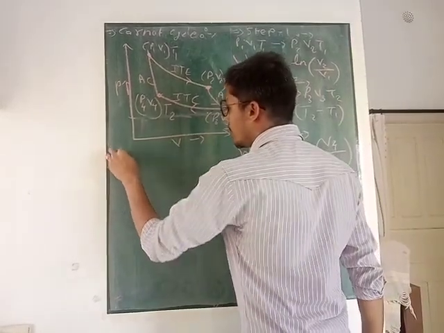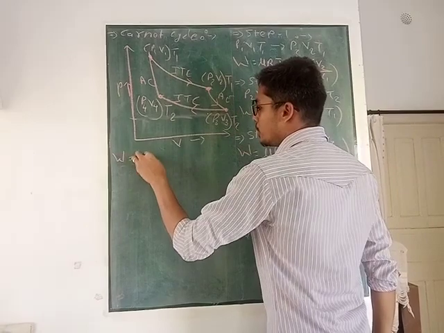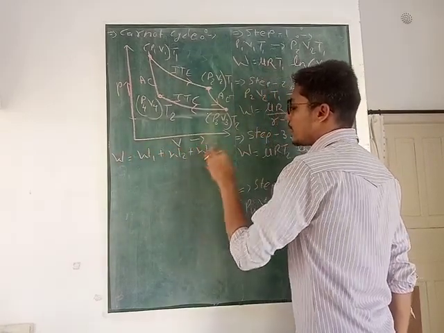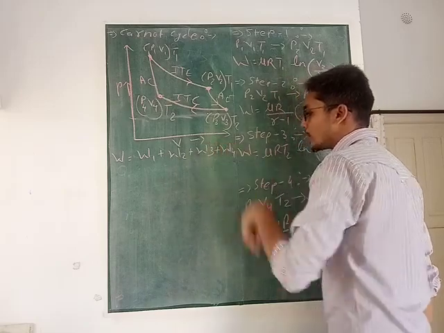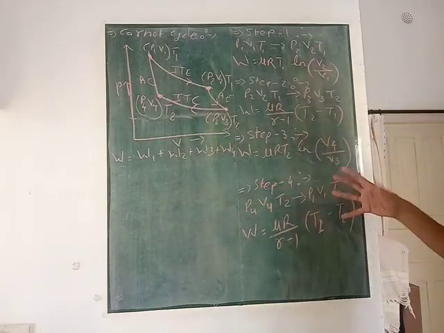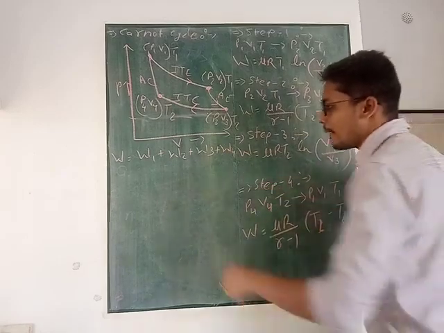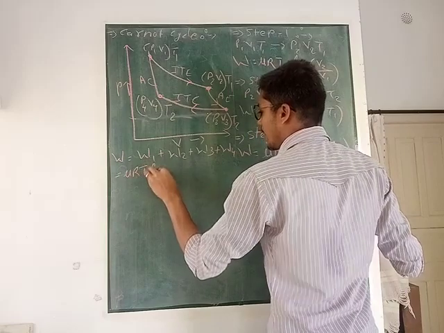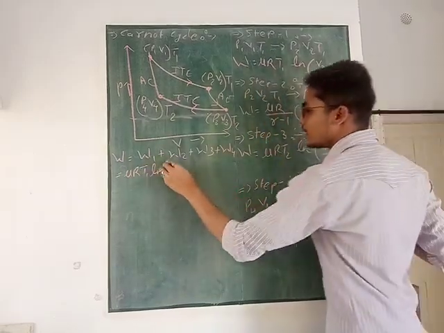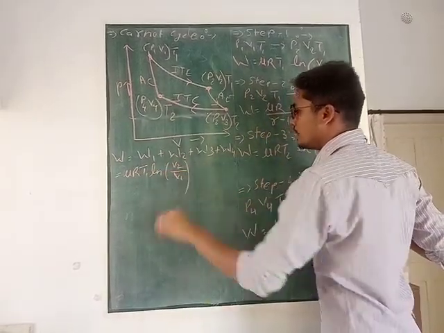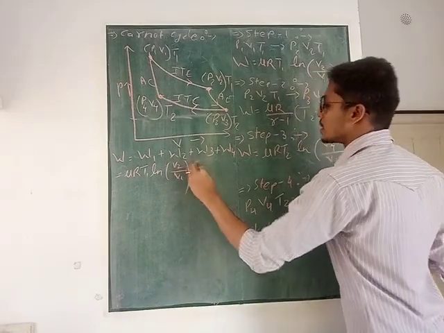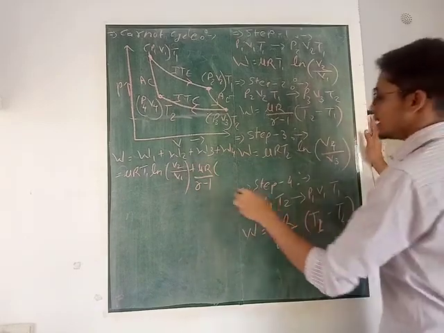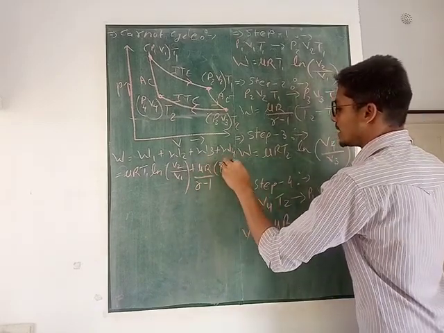Now what we can do? We can write W equals W1 plus W2 plus W3 plus W4. I have less space here, so you can write all those things in this area. So mu R T1 ln V2 by V1, correct, plus mu R upon gamma minus 1 times T2 minus T1.